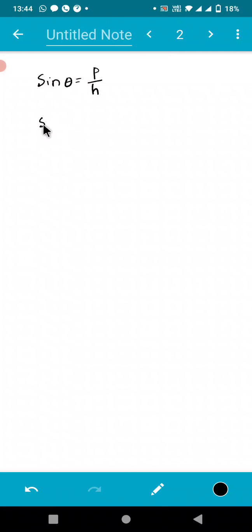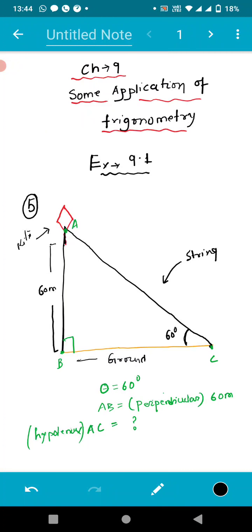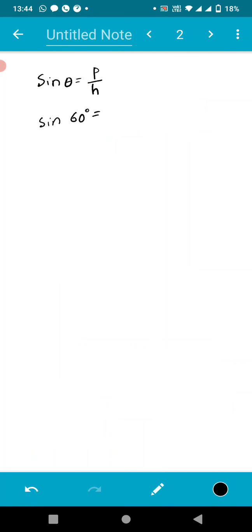Now what is the value of theta given in the question? It is given 60 degree. And what is P? P is AB, yes. So P is AB and H is AC. Now in place of sine 60 degree, we will write root 3 by 2.